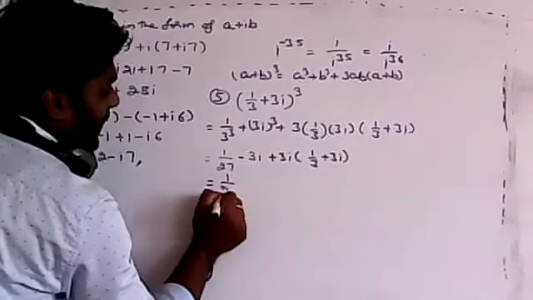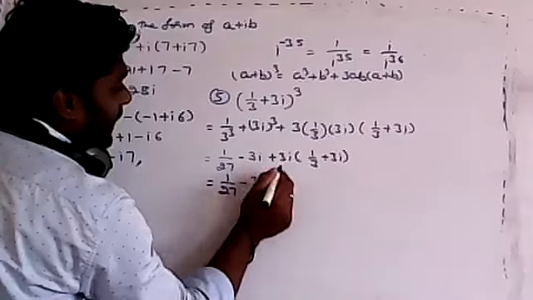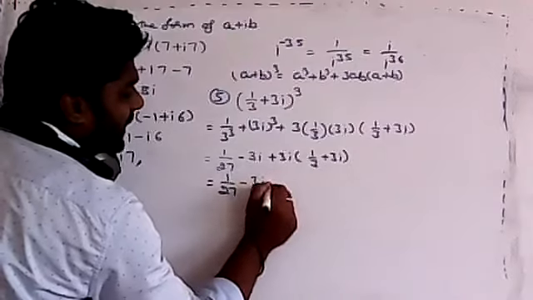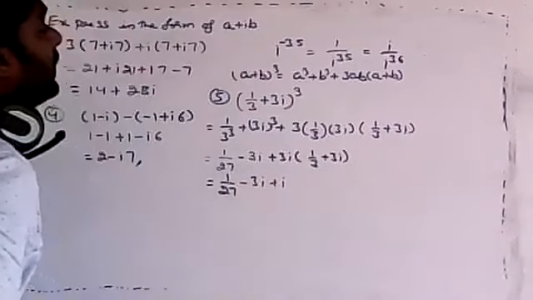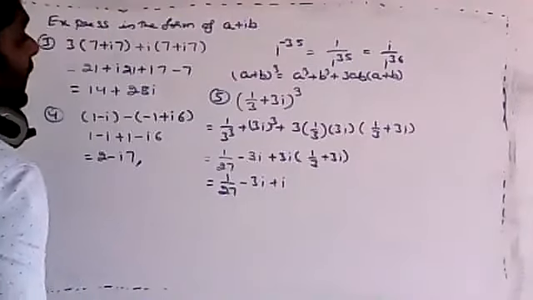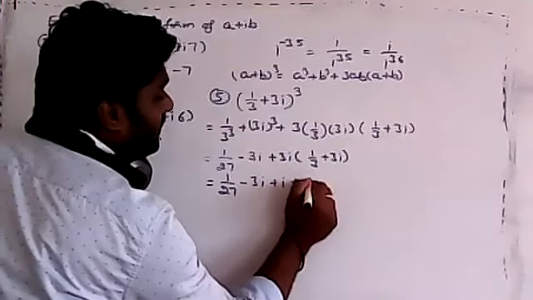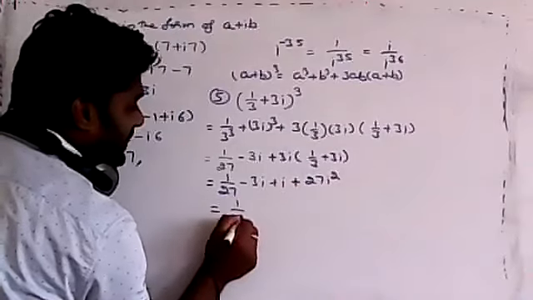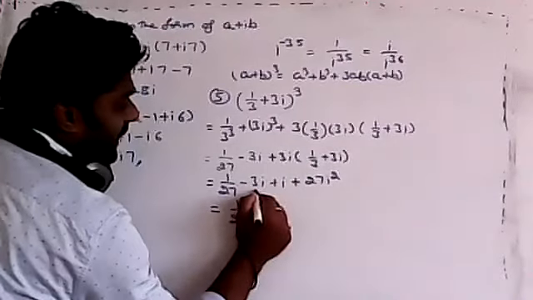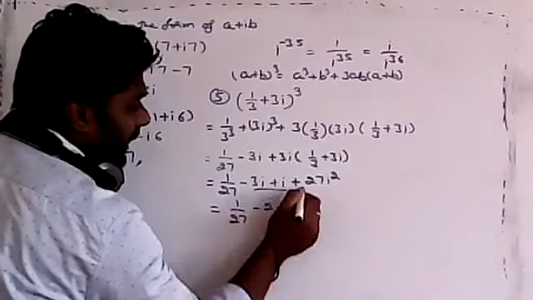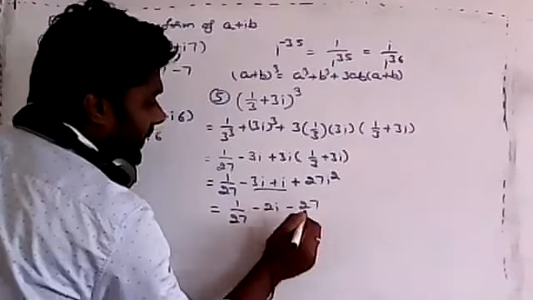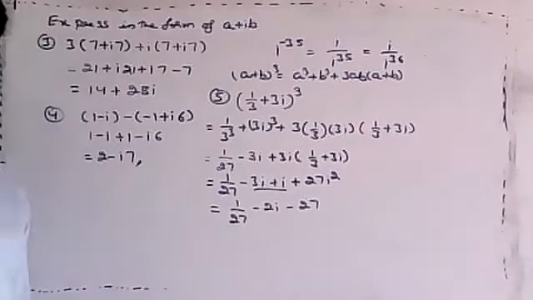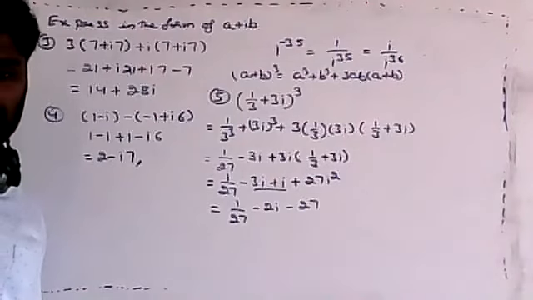So it is 1 by 27 minus 3i. If I multiply here, 3 gets cancelled, plus i remaining. And again, if I multiply here, 27i square is nothing but 1 by 27. Here minus 3i and plus i is minus 2i. And this one is what? Minus 27. Correct?